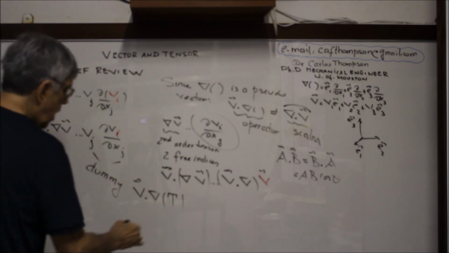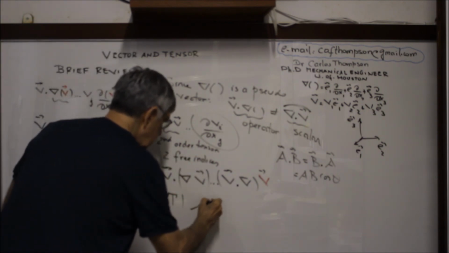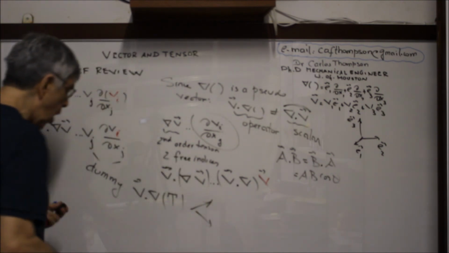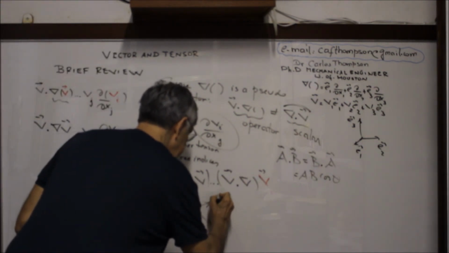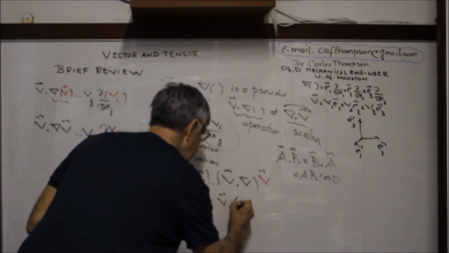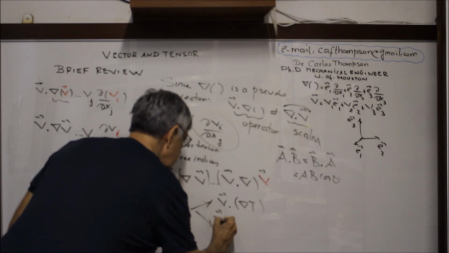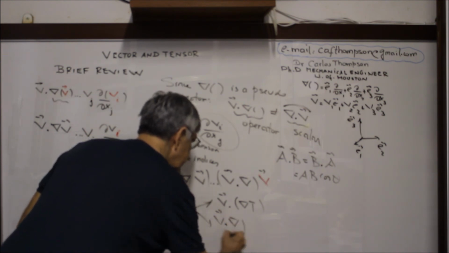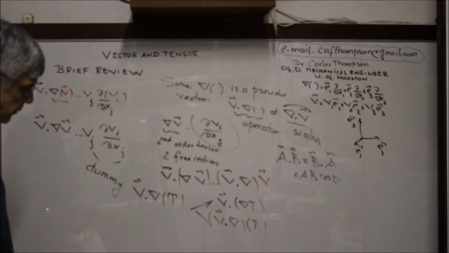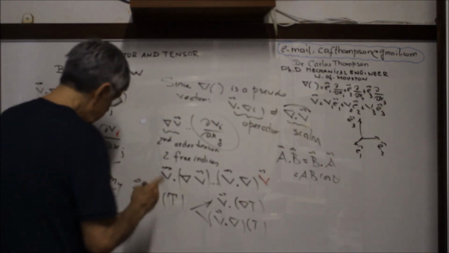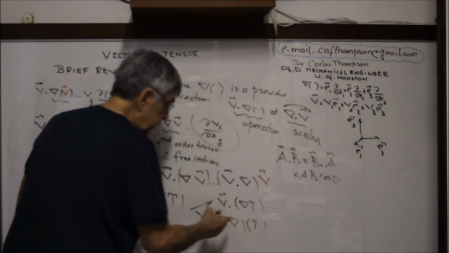I can also split it in two options, and it will be the same. Here it will be v dot nabla t, or v dot nabla operator on t. The same thing.